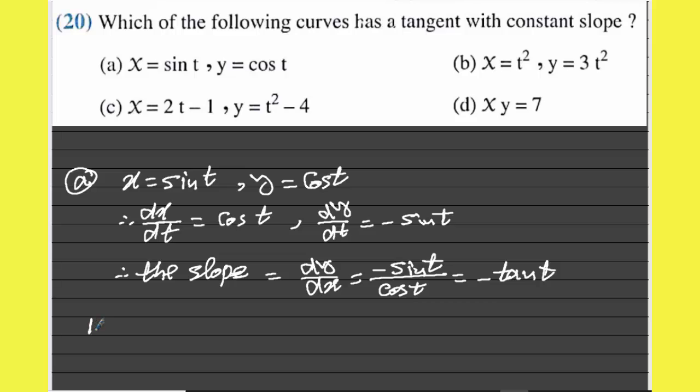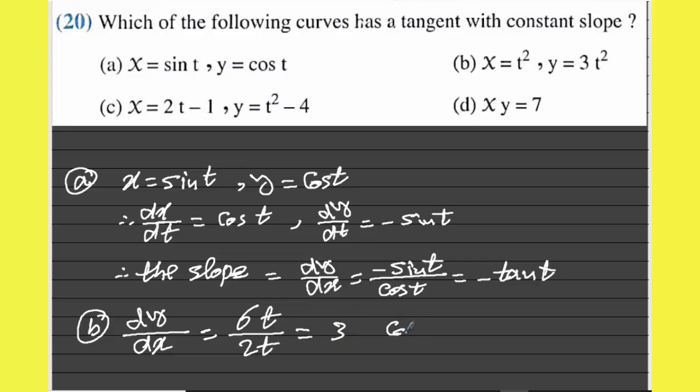And b, we want to find dy/dx. dy/dx equals dy/dt, which is 6t, over dx/dt, which is 2t, which equals 3.